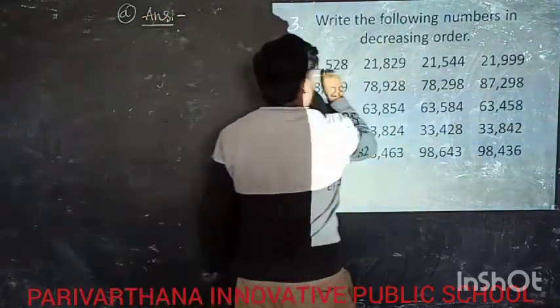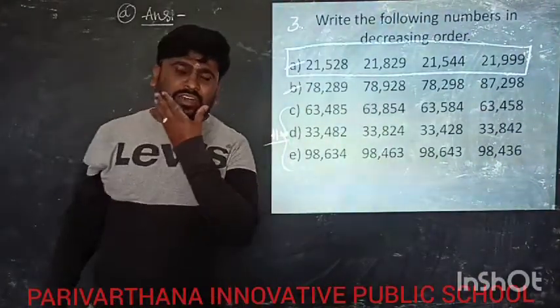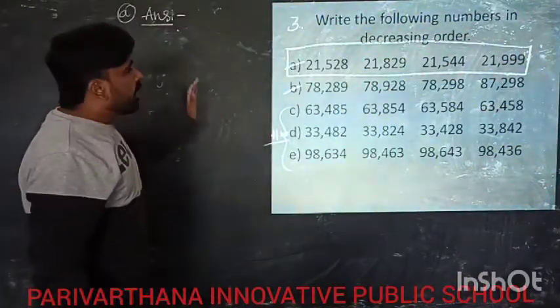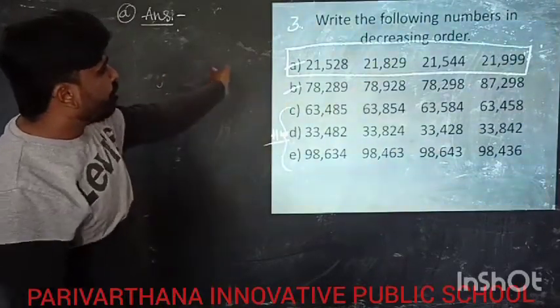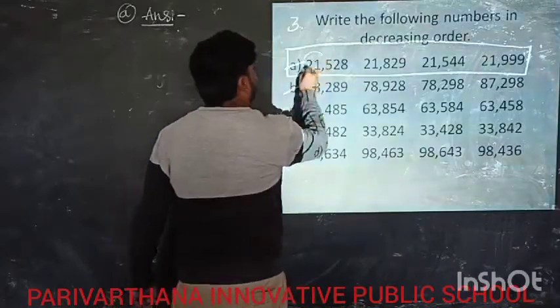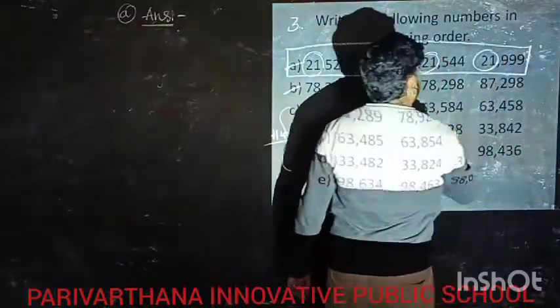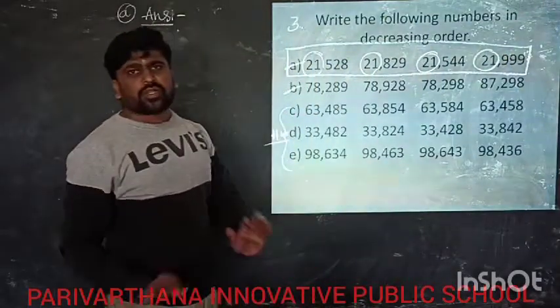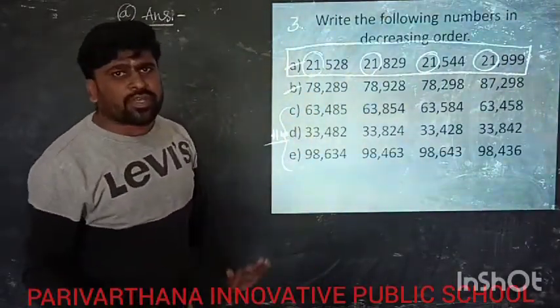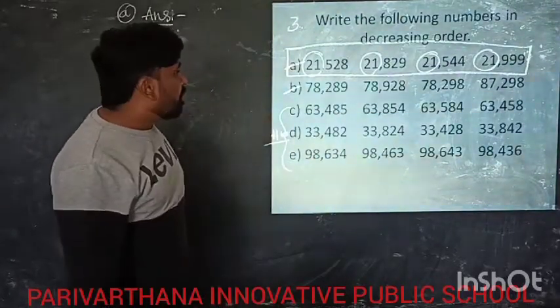Again, first one, A answer. First we have to write the big number. Regarding the first problem, it contains 5 digits. Same. Clear? 10,000 place and 1,000 place: 2 1, 2 1, 2 1 and 2 1. Same. By observing the 10,000 place and 1,000 place, we cannot find out which is the small number and which is the big number.